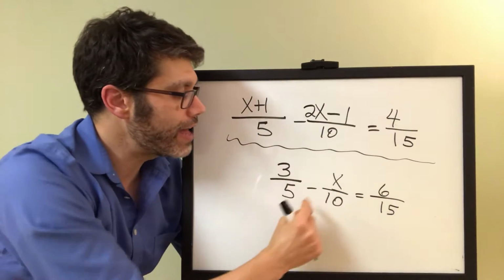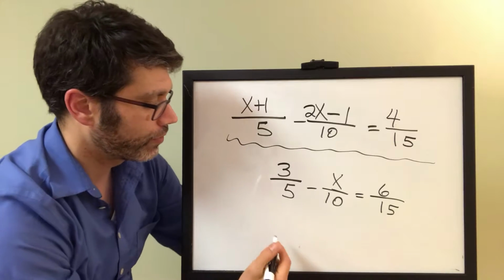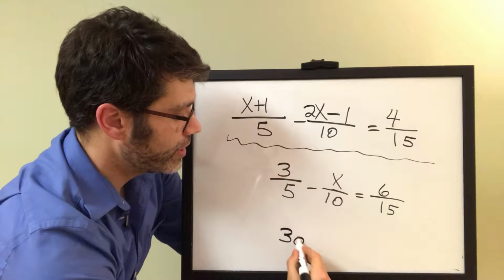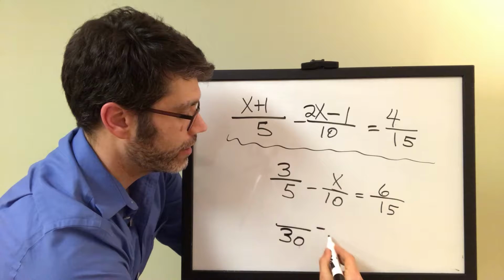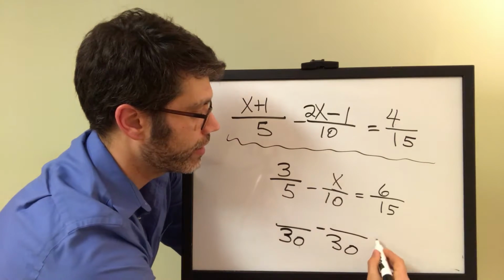So this is the least common denominator. The least common denominator here is 30.